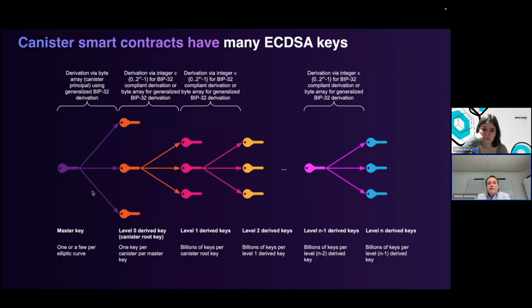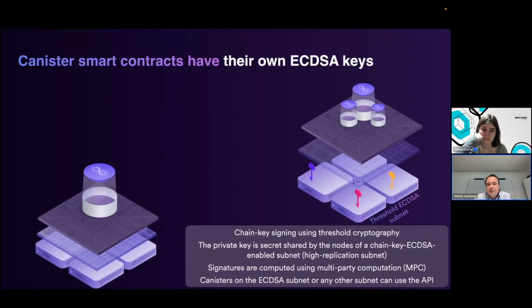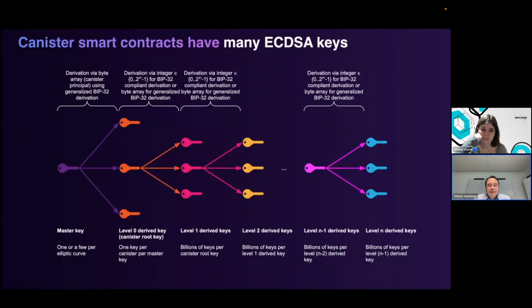Now let's go a bit more into details about the keys that the canister controls. I was talking about one key. This key that is secret shared here is actually a threshold ECDSA master key. The master key, there's only one of them. Actually, it's replicated on 2 subnets currently, but it's the same key. And this is represented through this master key here on the left side.